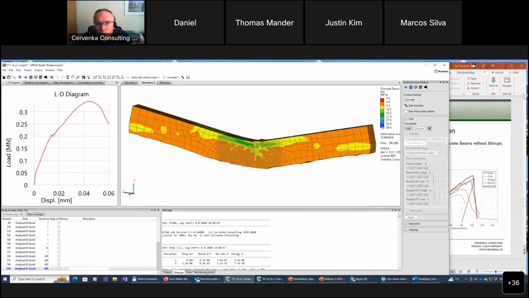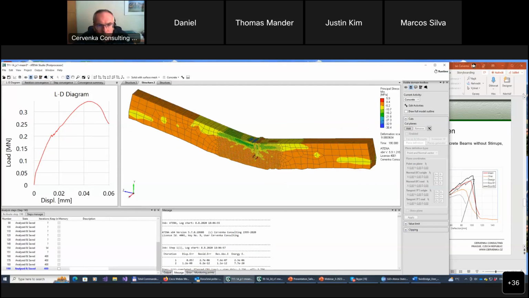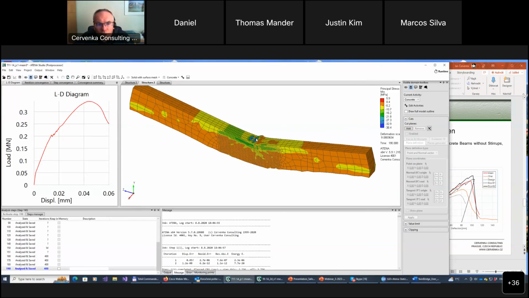Actually, what you see is that there are some points which have higher values. That's because when we are applying the support, of course, the material is constrained there, and due to 3D effects, we might have even higher stresses than the concrete strength.